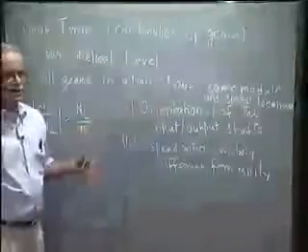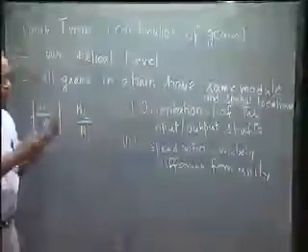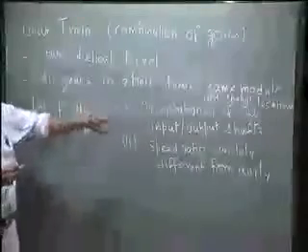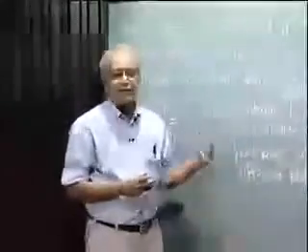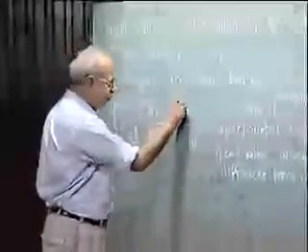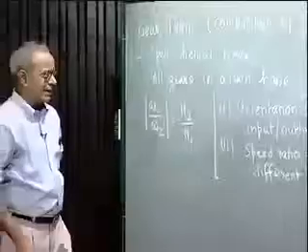If the speed ratio is say 60, then we cannot get by using only a pair of gears to connect the input and output shaft to create a speed ratio of 1 by 60 or 60. So under such situations we need gear trains.